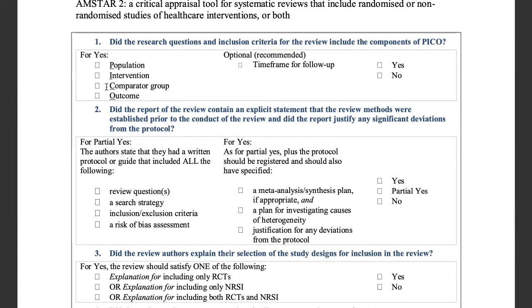If these four components of PICO are very well reported, it's yes. And if one of these four is missing, it should be no, okay? The information regarding the time frame for follow-up is optional. So reporting or not reporting this information will not change the final decision between yes or no, okay?